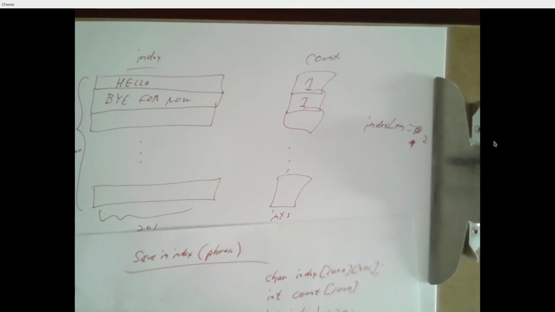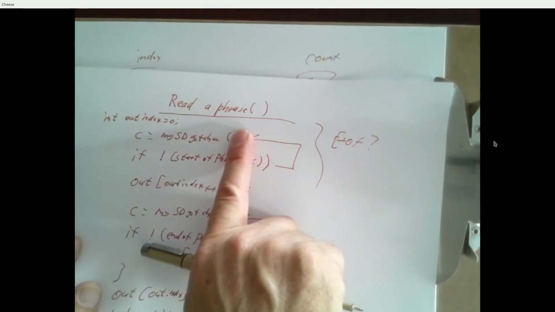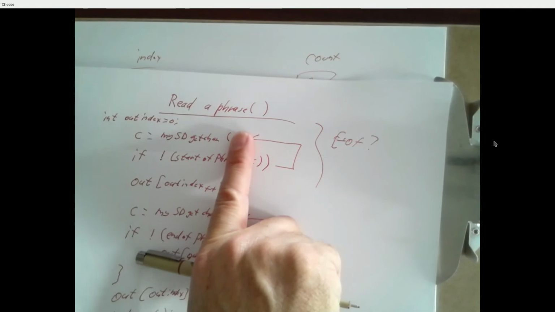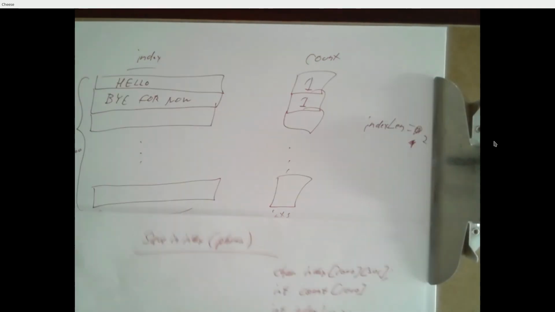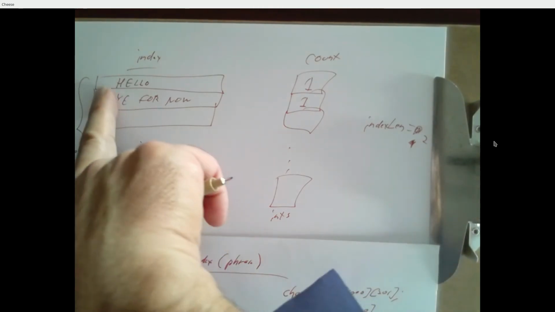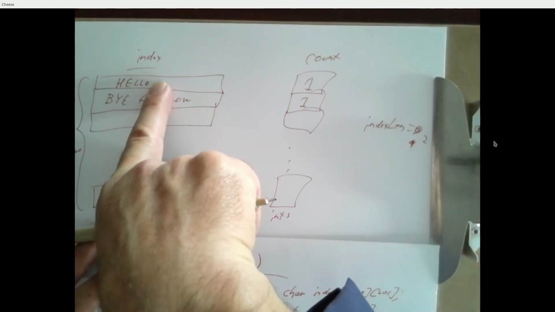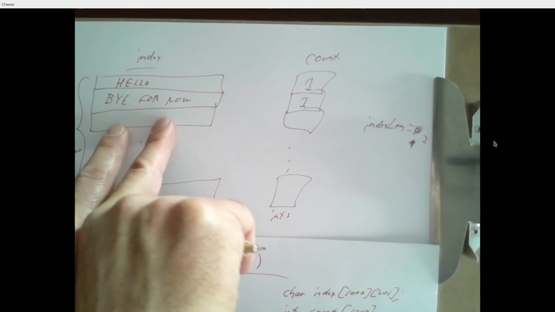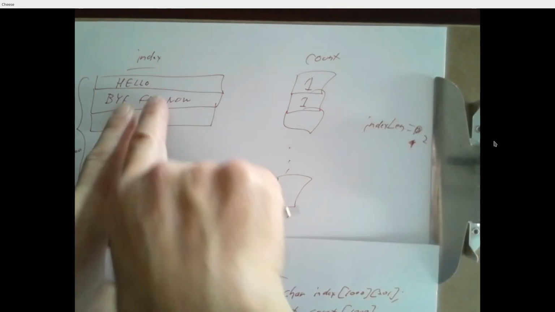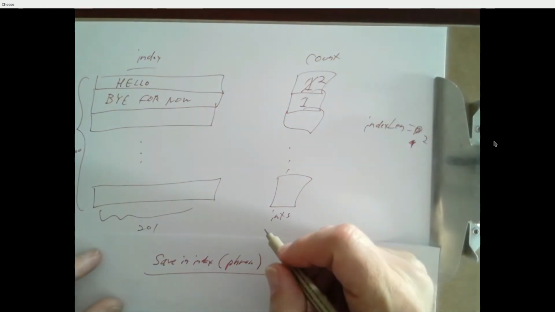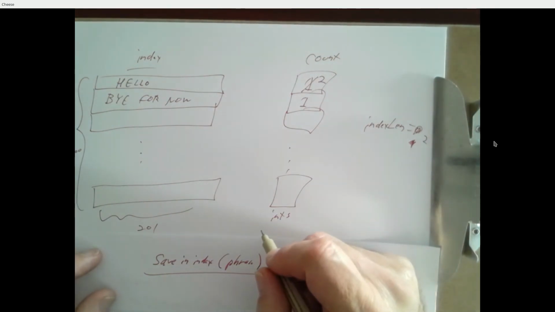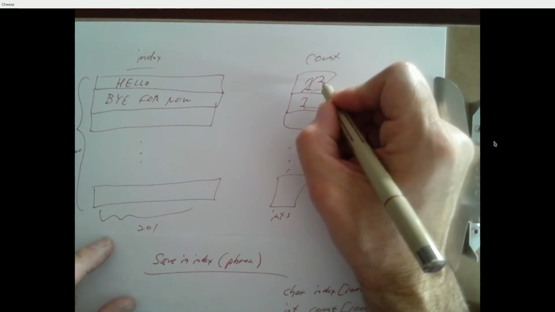Now you call your read a phrase, and it comes back with the string hello. So you say, let's save hello in my index. What you want to have happen is hello gets compared to this, and it says that phrase is already in here. So instead of storing it in the 3rd entry and bumping this up, we say it's already here, let's just increase this count. The next phrase is hello again, you see that's in there, you increase this count.